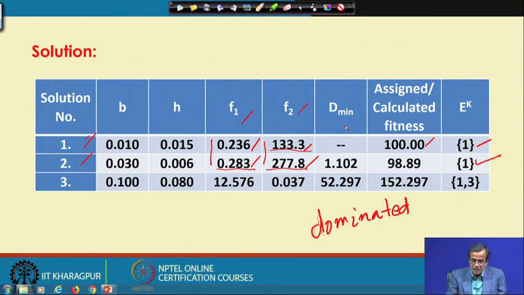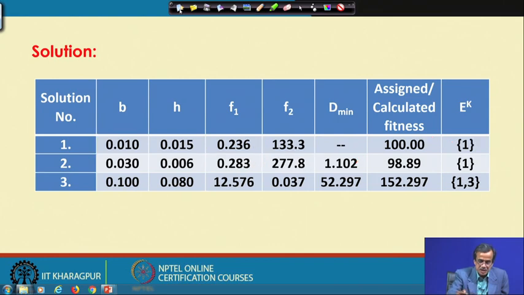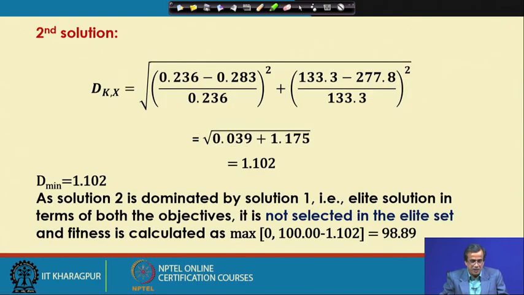Now, how to determine this D minimum and how to calculate the fitness, that I am going to discuss. Let us see how to find that. To find it, we take the help of the calculation of the Euclidean distance between k and x.